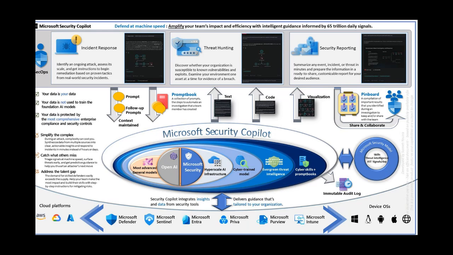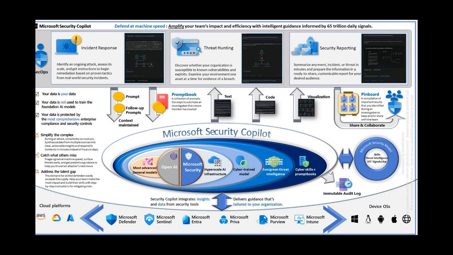But a quick recap of Security Copilot's capabilities: they want to be able to defend at machine speed and boost your team's efficiency and response, powered by those over 65 trillion daily signals. They want to simplify the complex and turn data from multiple sources into clear, actionable insights, catching what others miss. They want to help address the talent gap and help you maximize your team's impact and build skills with step-by-step instructions for mitigating risks.